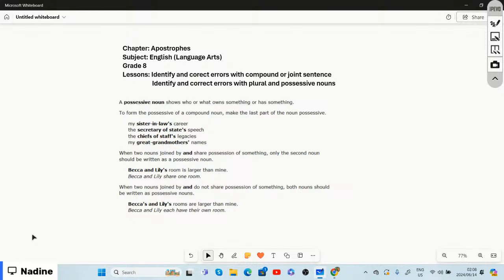All right, so if we look at the first one, it says my sister-in-law's career. It means that it belongs to her, which is the sister-in-law.